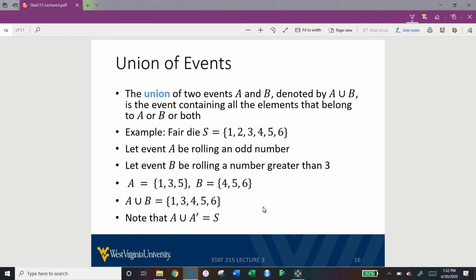For B, rolling a number greater than 3, we'll have 4, 5, and 6. The union contains all elements of A or B or both. So that means we're going to have 1, 3, 4, 5, and 6.